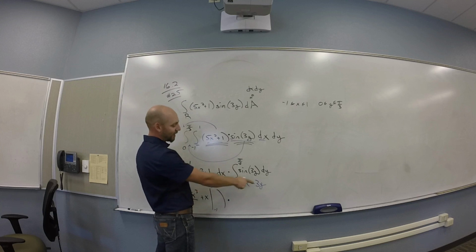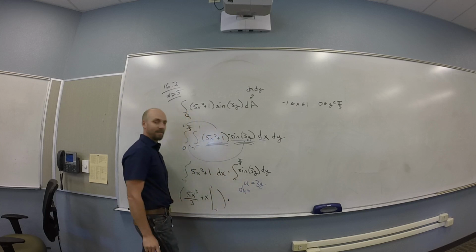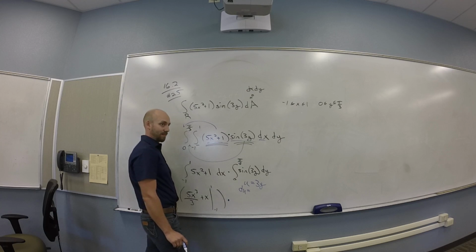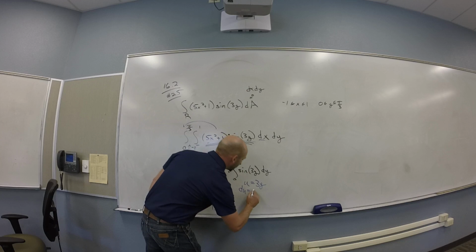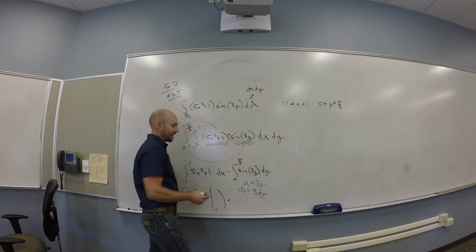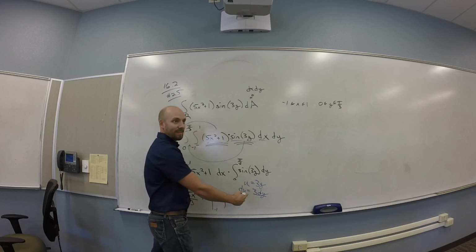So I'm saying let u be 3y. Then what's du? Hold on. If this equals 0, then we don't even have to deal with it at all. du is 3 dy. So you need this piece, and you need that 3.